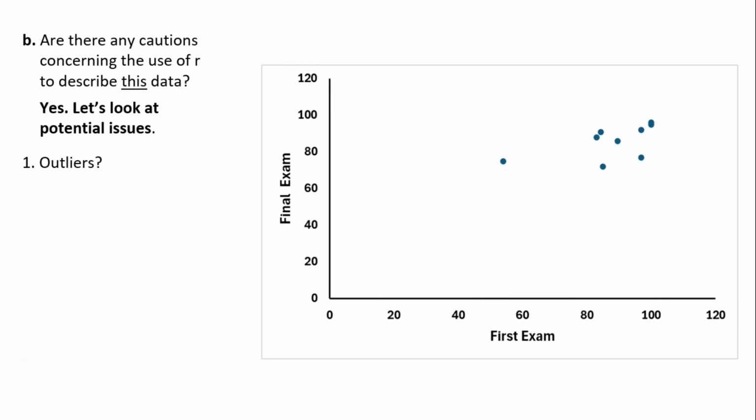And we need to ask ourselves whether that's what we have or what we could have with our data. To repeat, this first point here would be the potential outlier, but we're not necessarily sure whether that's going to be an outlier or not because we just don't have enough data to say whether that's the case.